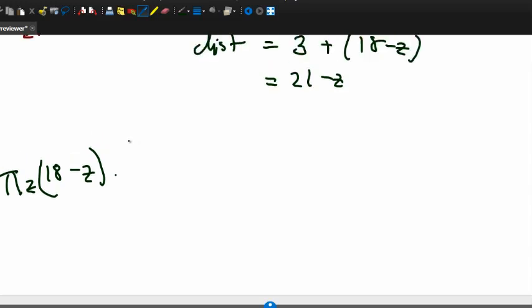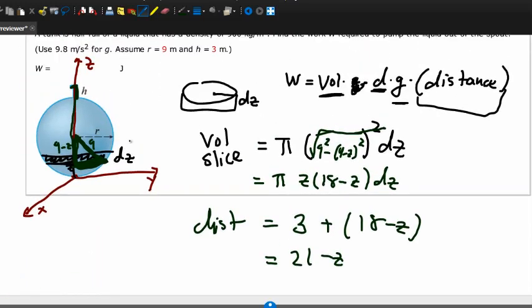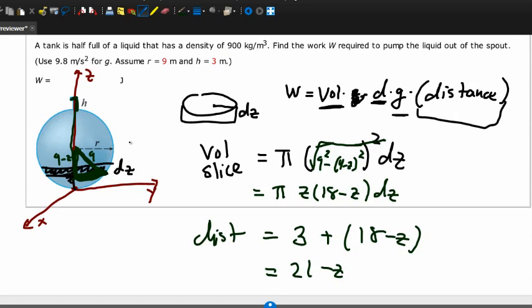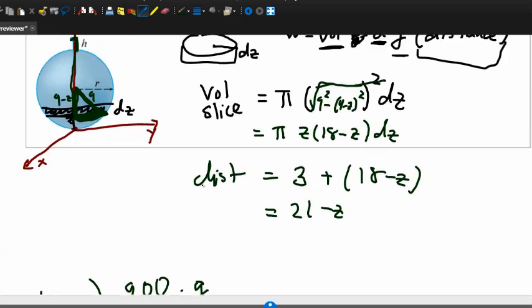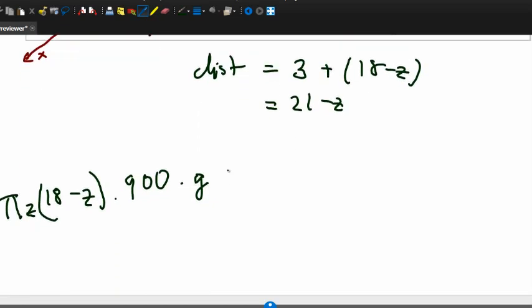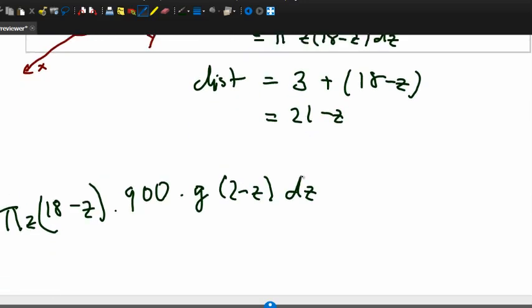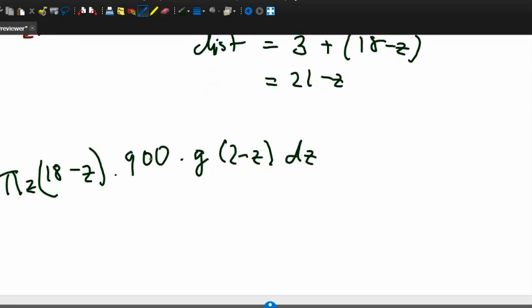In this problem, what's the density given to me? I'm told it is 900, so I have to multiply the volume with the density, which is 900, times the gravitational constant g. I will keep it as it is. Then I have the distance, right? And we notice that the distance is 21 minus z. So this is how much work is needed for a slice.